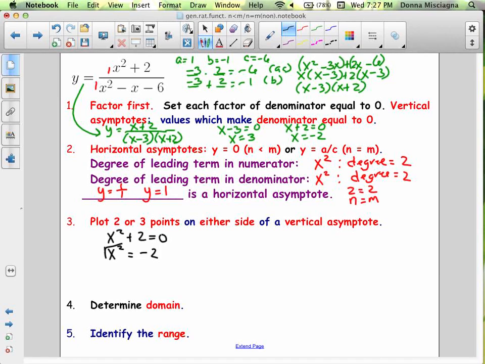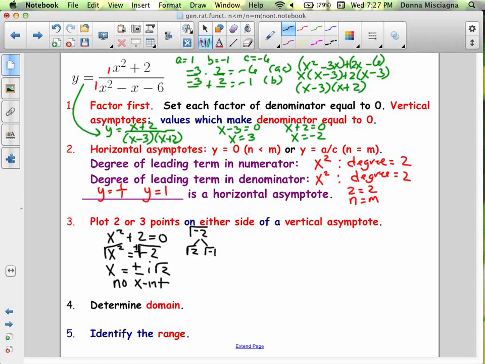We would take a square root of both sides, don't forget plus or minus, and this would be x equals plus or minus, oh, that's a negative number, right? Well, the square root of negative 2 is the square root of 2 times the square root of negative 1. We can simplify the negative 1, that would be i, but we couldn't do anything with the square root of 2. And this is a complex number, so there are no x-intercepts.